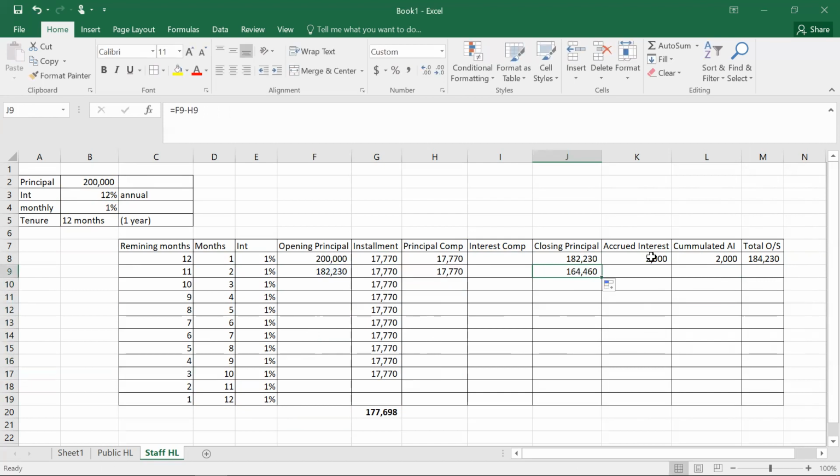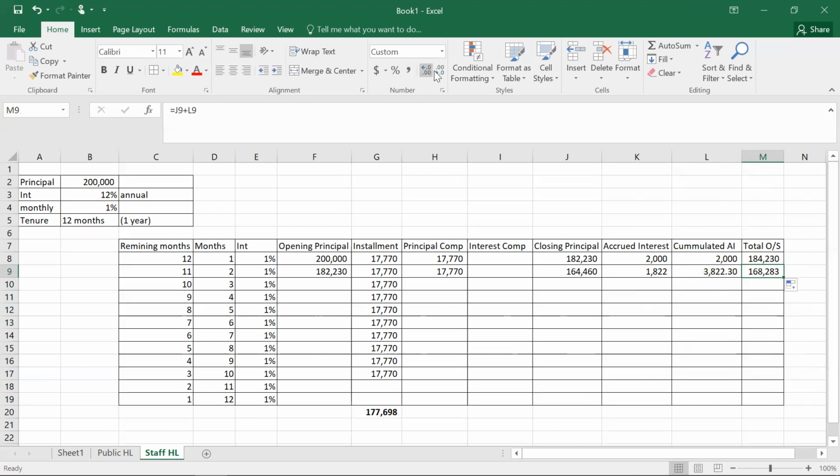Accrued interest, we will drag it down. For cumulated accrued interest, we will take the accrued interest of the previous month and add the current accrued interest. And for total outstanding, we will drag down this formula. This is the accumulated accrued interest plus the closing principal.